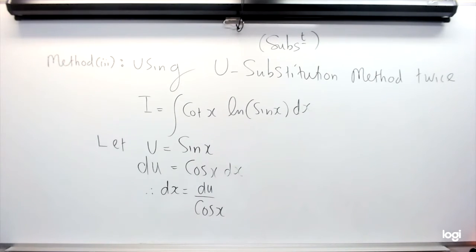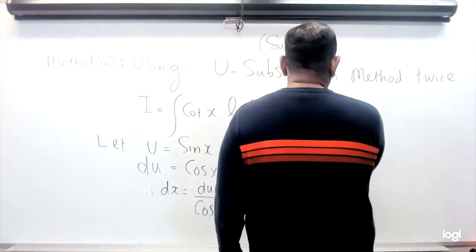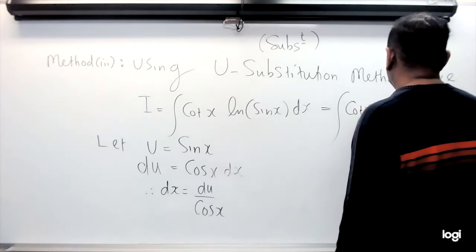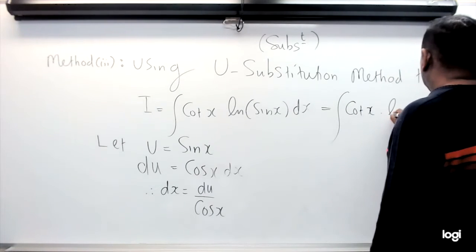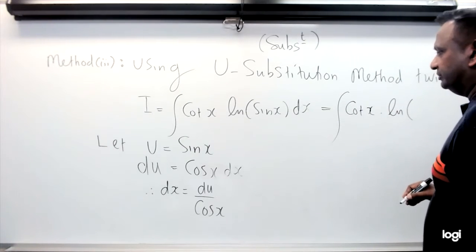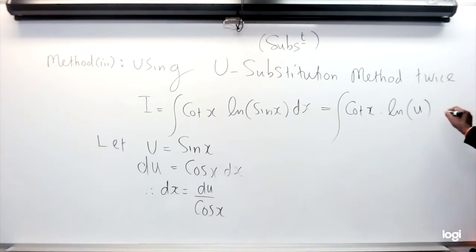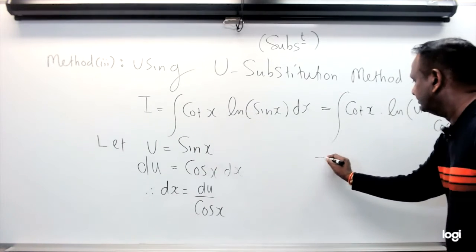Let's plug that one into this one. Integral cot x, I'm not going to do anything for this one for the time being. Ln sine x means ln u, dx means du over cos x. Looks like they don't get cancelled off. I'm going to split this one.